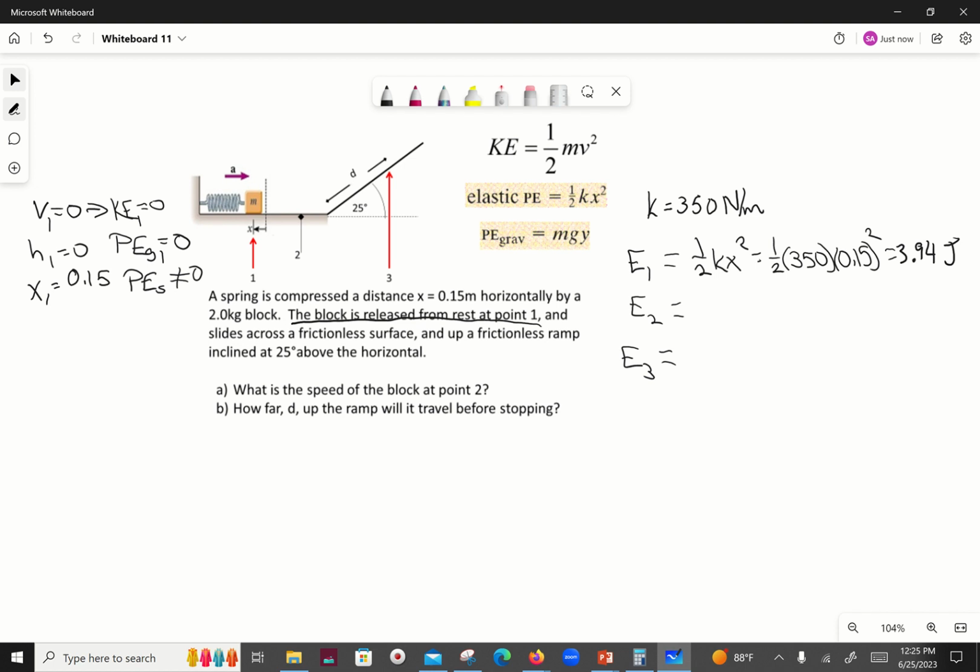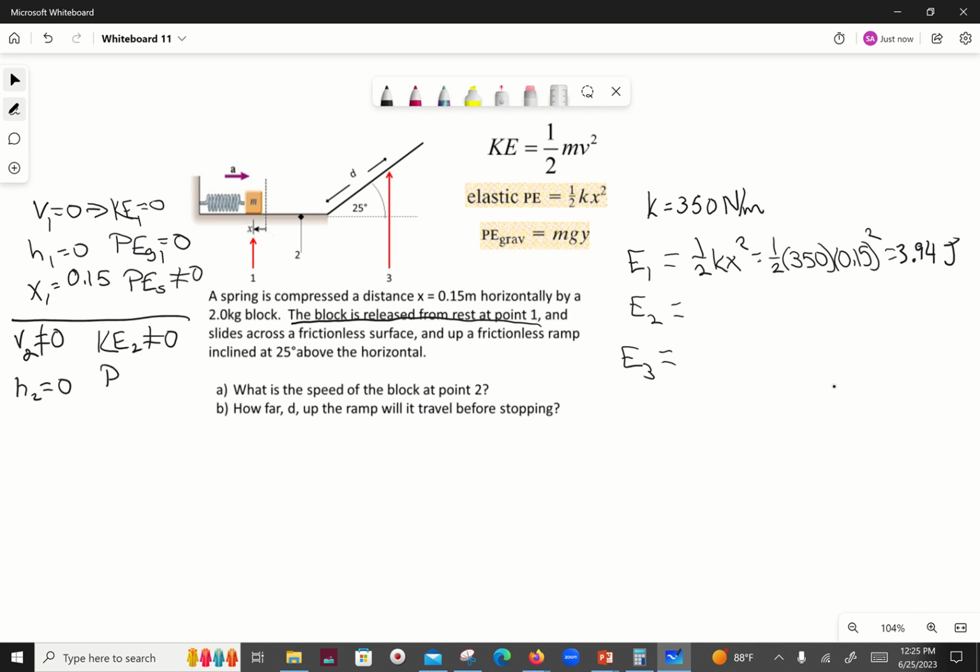All right, what's my energy at point 2 going to be? So what's happening at point 2? Well, at point 2, it's moving, so the speed is not 0. I don't know what it is. So it's going to have a non-zero kinetic energy. Is it going to have any gravitational energy? No, because it's still on the ground. So the height at point 2 is 0.